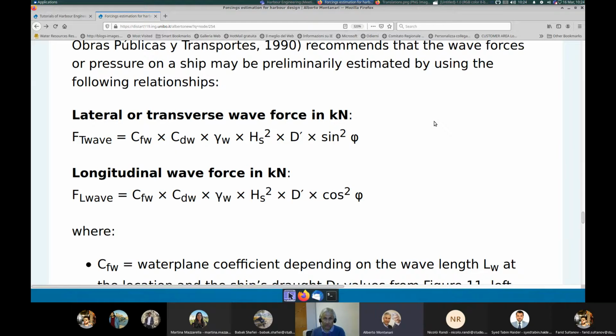So it's not worth spending a lot of money for a very detailed design, and therefore they require only a preliminary design for the bureaucracy related to getting the permission. And therefore, in the preliminary design, you are allowed to use simplified methods.